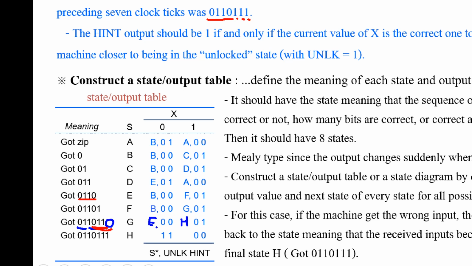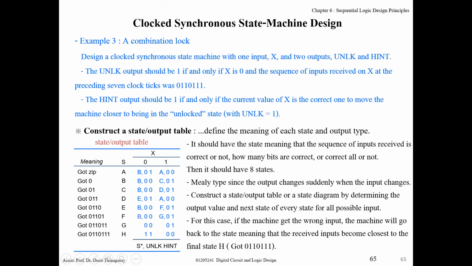So go to state E. Okay, and at state H, if you apply 0, go to B. If you apply 1, just go to A. That's all.